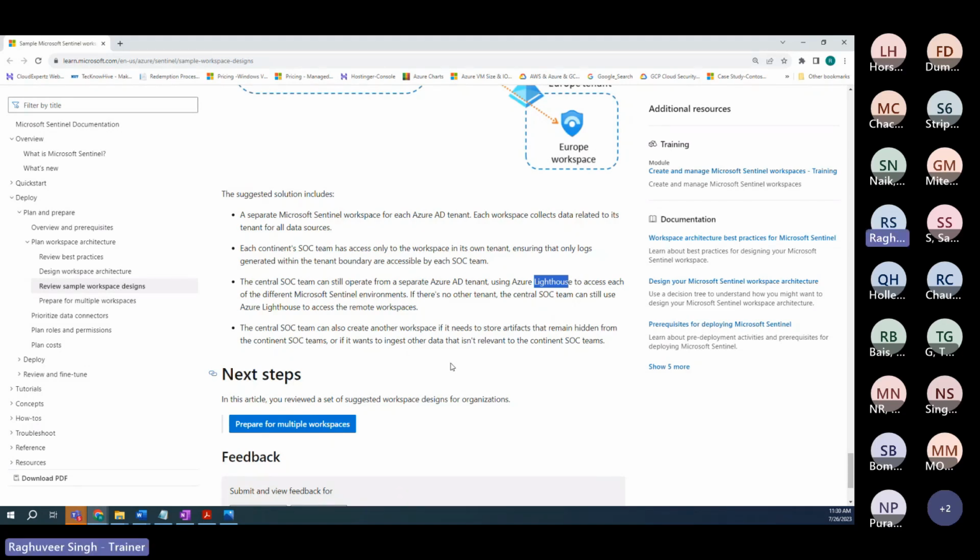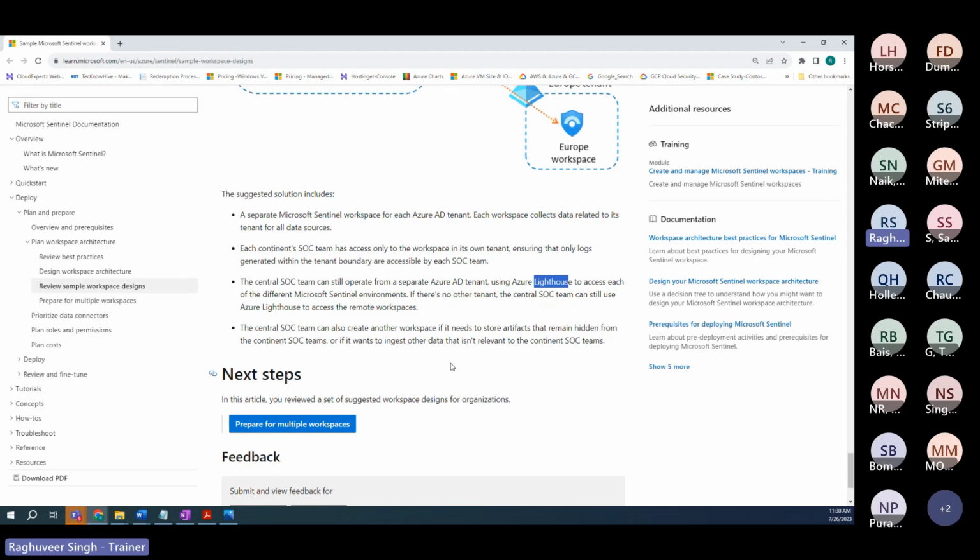So I will do that over the weekend and show you the capabilities of Lighthouse also, how you can use Lighthouse as an MSSP to manage multiple tenants, multiple workspaces belonging to different customers, and how you can get appropriate RBAC for each tenant, for each workspace, so you can deliver relevant roles.